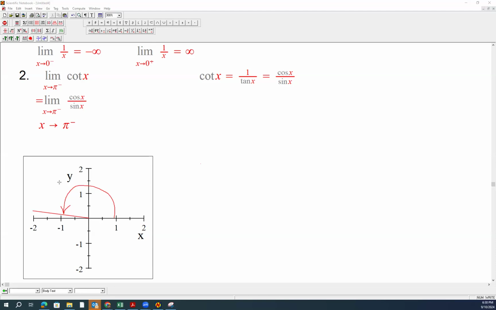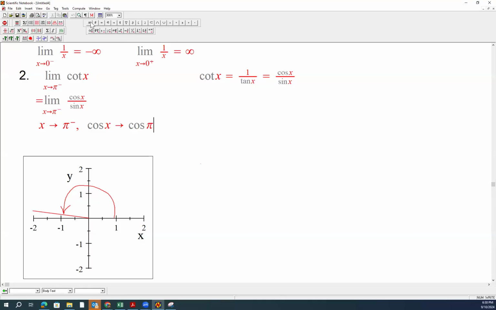On the first quadrant, sine and cosine are both positive. On the second quadrant, sine is positive, cosine is negative. So when x is approaching pi from smaller, cosine x approaches cosine pi, which is negative 1, since it's a continuous function.